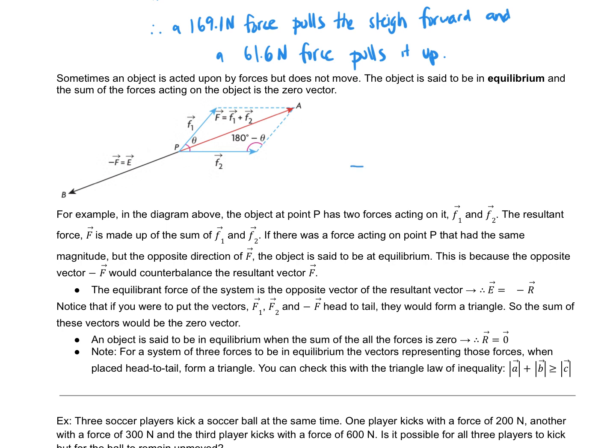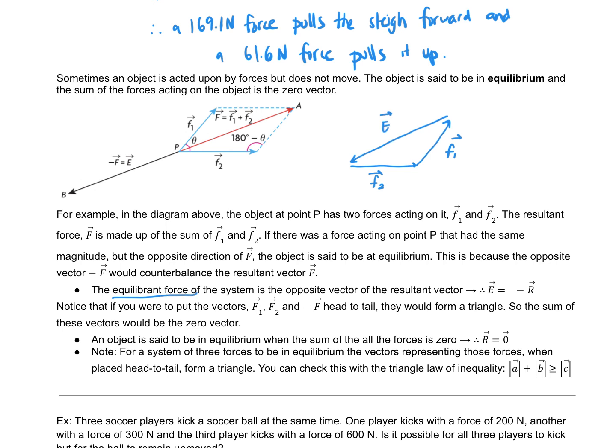So here's force 2. I'm going to put force 1 here. And here is that opposite vector of the resultant, which we can call the equilibriant force. So I'll just put E like this.